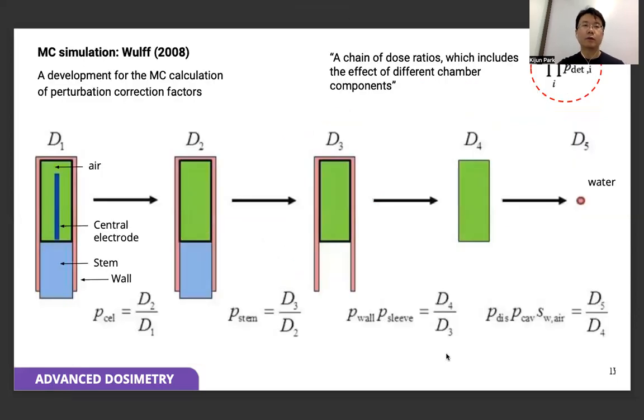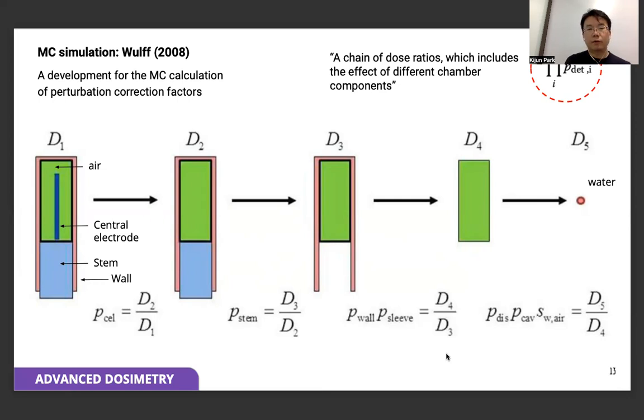This is a good example, published in 2008 by Wolf: Monte Carlo simulations and development of the Monte Carlo calculation for the perturbation correction factors. Here we see how perturbation factors are demonstrated as a possible perturbation factor calculation.